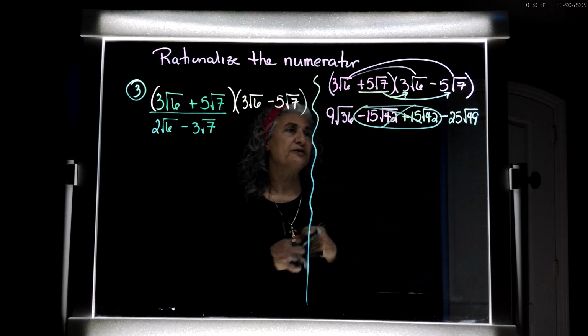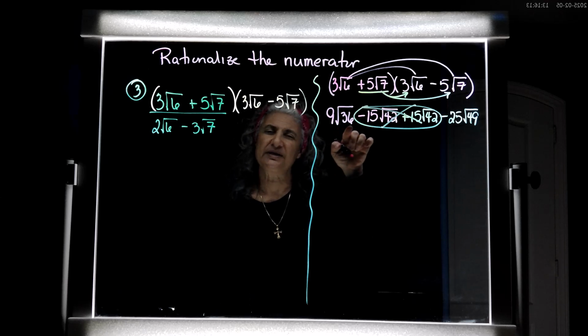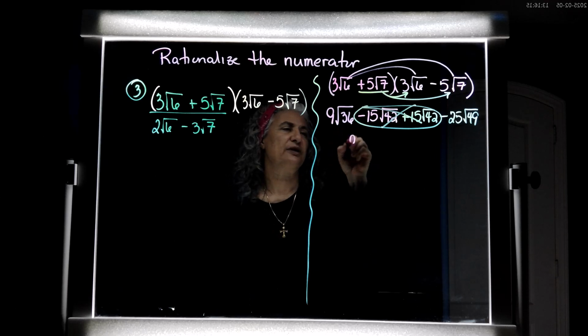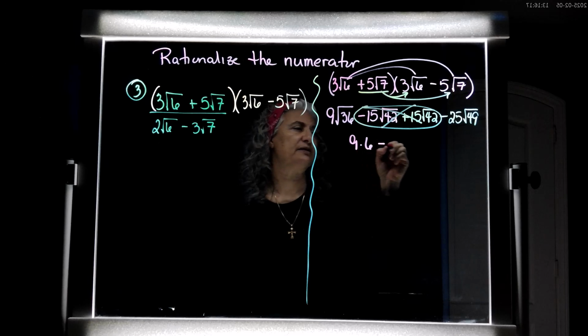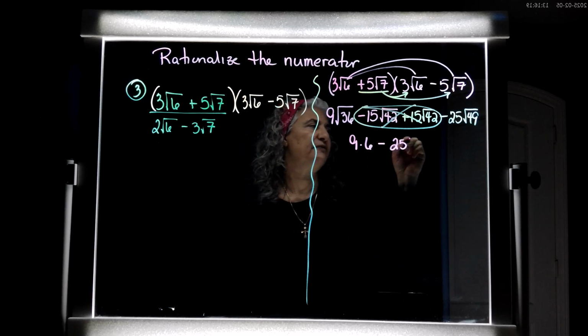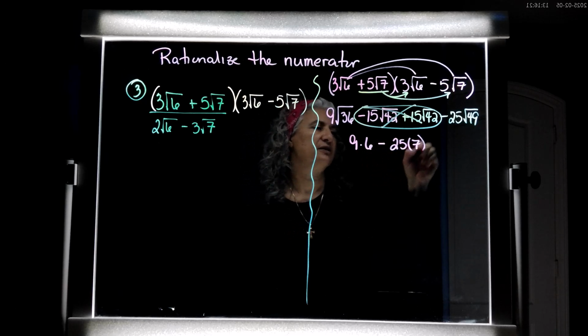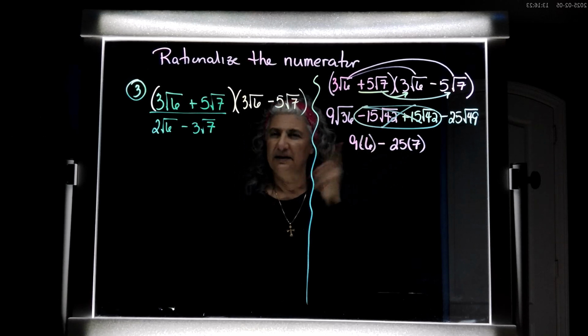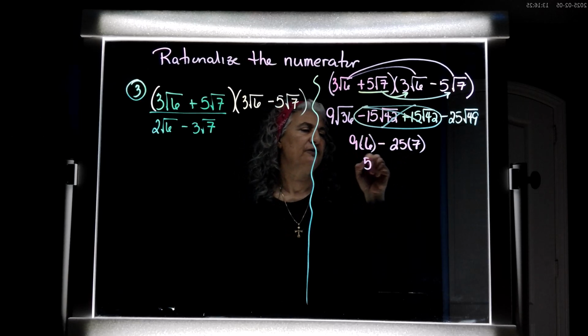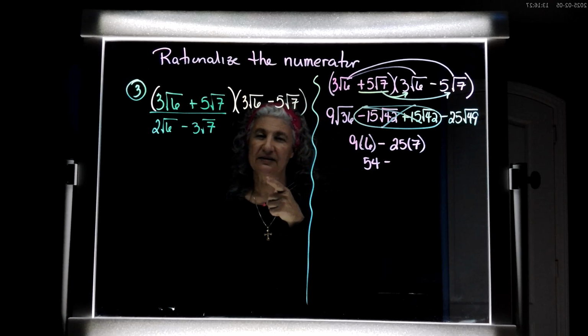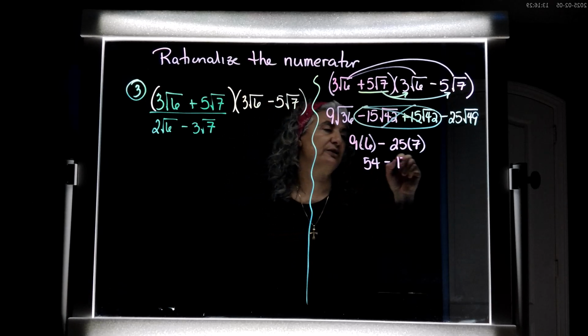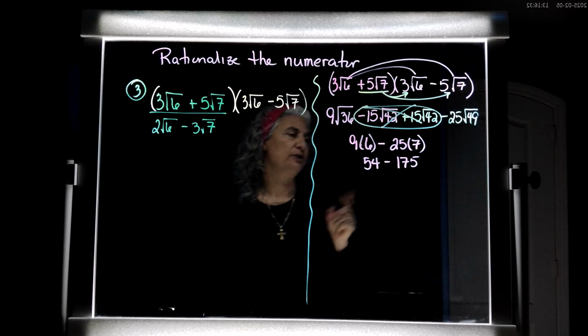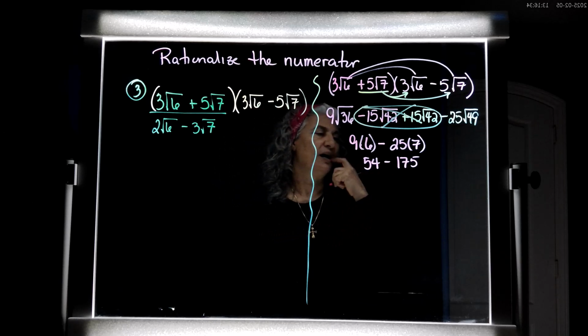Okay, almost there. Square root of 36 is 6. So we have 9 times 6 minus 25 times 7. Good. 9 times 6. 54 minus, think of 7 quarters. There you go, 175. Okay, so what do you get when you subtract that?